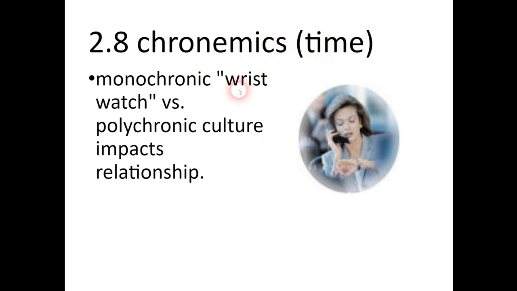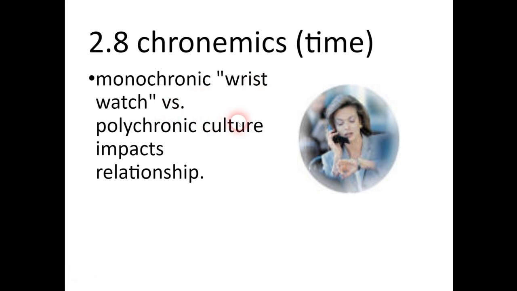Time is also a cultural dimension. There are monochronic and also polychronic cultures, which impact relationships. That's why we have the phrase Thai time. Monochronic cultures, like the Australian or the US, are really punctual.